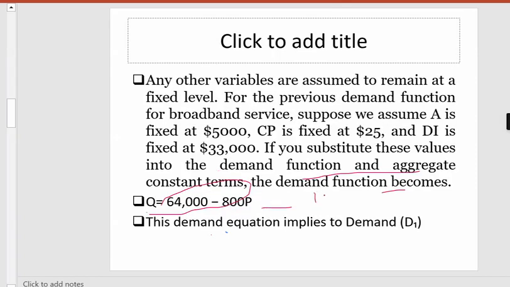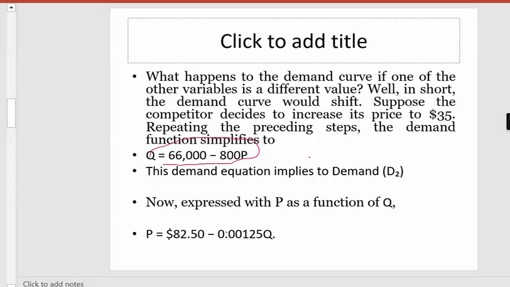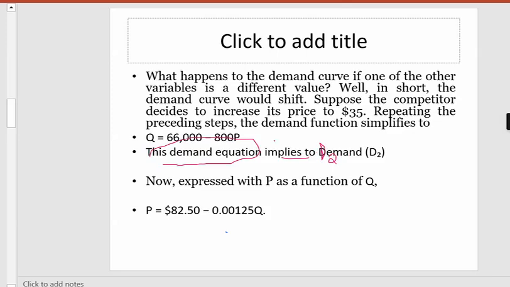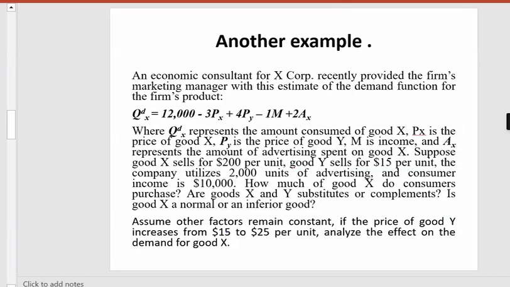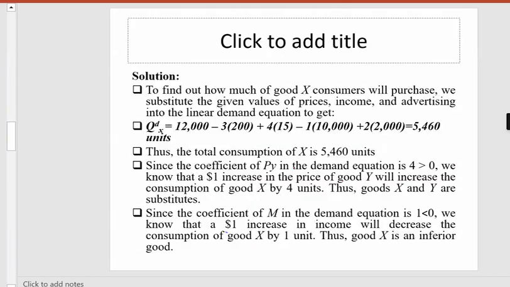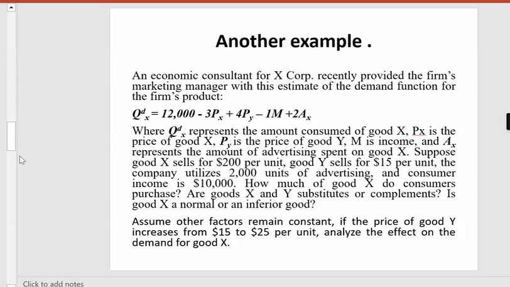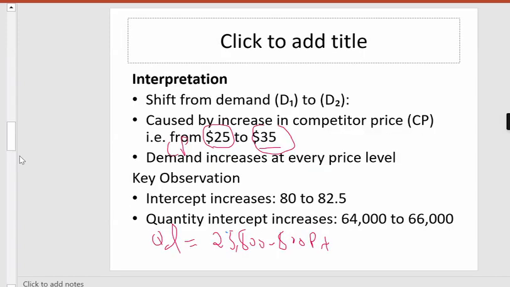This is the D1. And the second demand equation, itakuwa ngapi? After allowing the price of other competitor being 35, manake demand equation ya pili itakuwa ngapi? Itakuwa 66,000 na ngapi niambiwe. So you can sketch it. How do you sketch it? Ngoja tuonyeshe tu kwa pamoja hapa. D1, tumesema D1 ni ngapi?